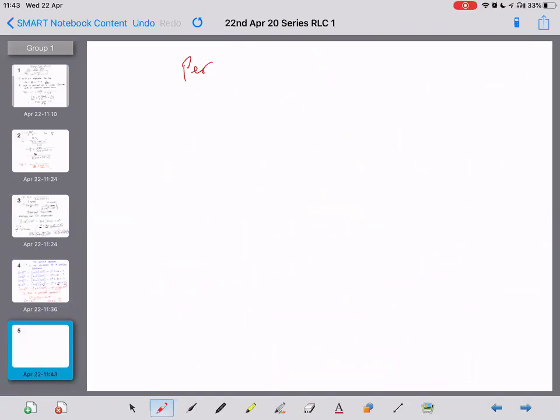Perfect squares can be used to solve quadratics.